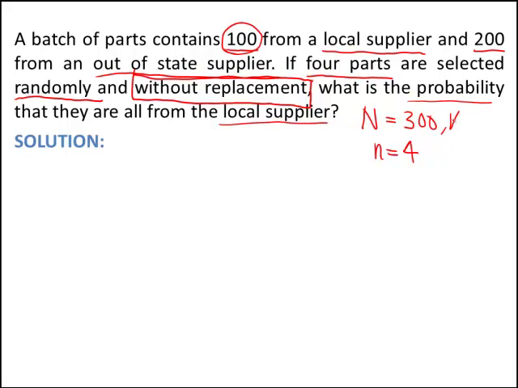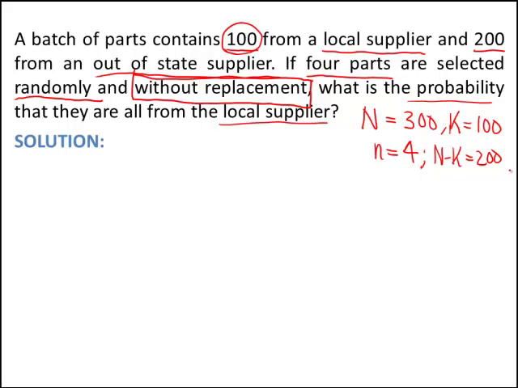Capital K is the number of successes that are available. And here, out of the batch of 300 parts, we're considering 100 of them as successes. And the other N minus K parts would be the ones from the out-of-state supplier. So this is 200. Okay, so we have all of our constants now for the hypergeometric.